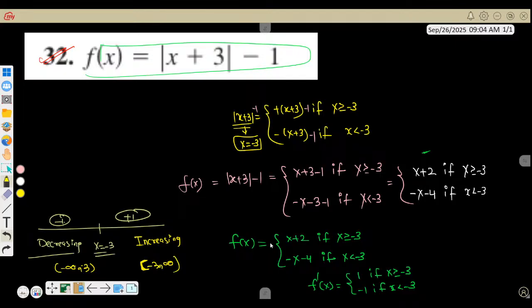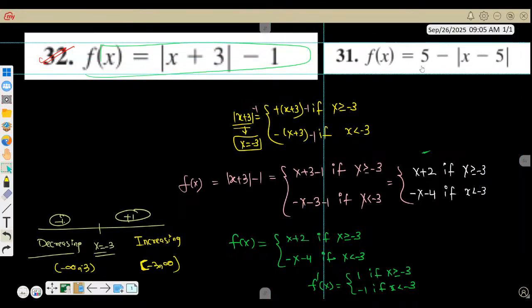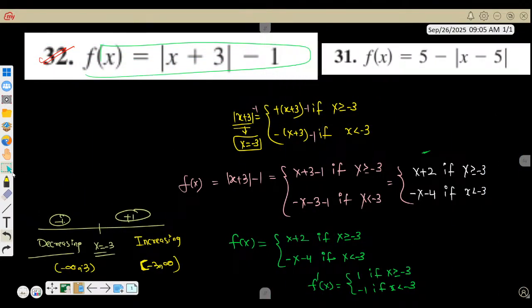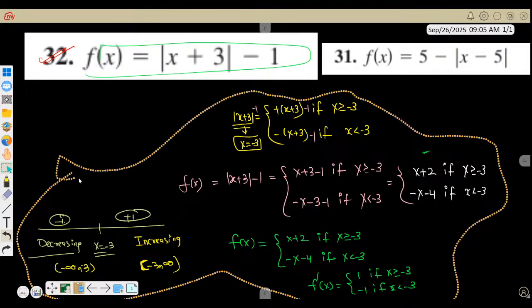Okay. Do one more question. Question number 31. Same question. You can take the reference of this question 32 and do question 31. Everything is in front of you. So compare and do the same thing.